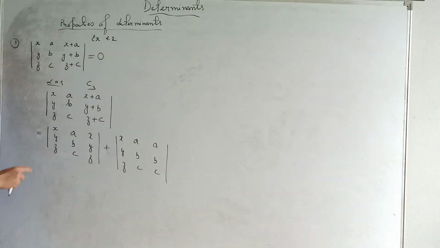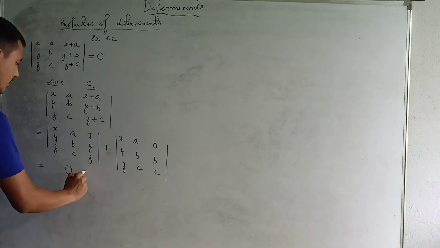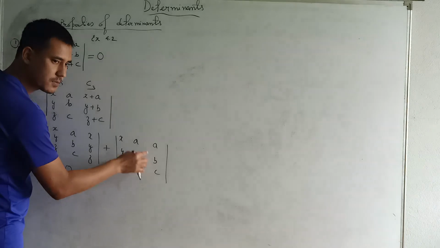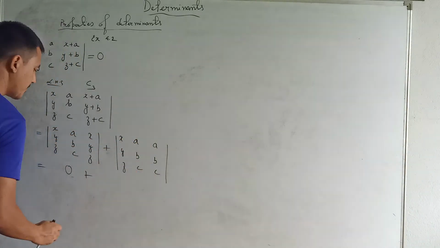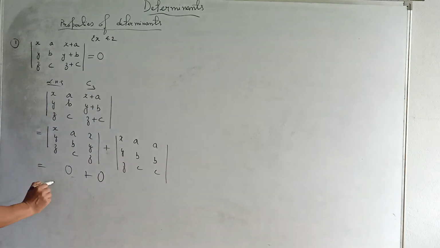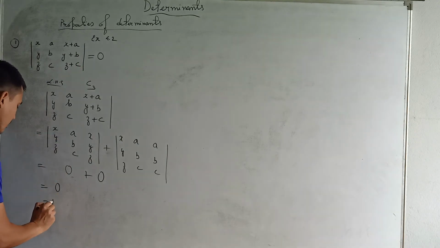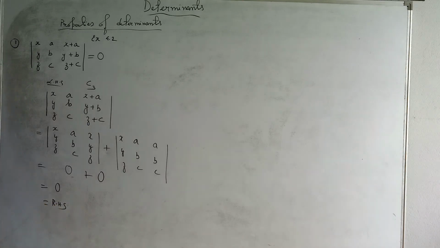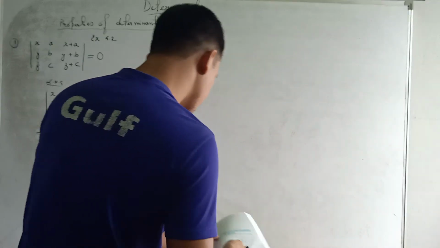If a determinant has two identical columns, then the determinant will be 0. Here C1 and C3 are identical, all the corresponding elements are equal, so this determinant will be 0. So the overall result is 0, which is equal to your right hand side. Are you following that? I'll try another one.